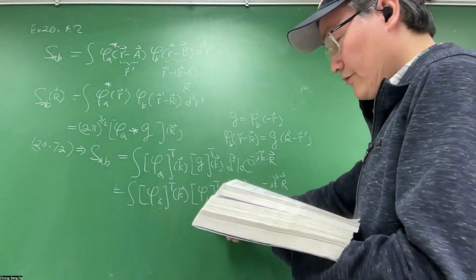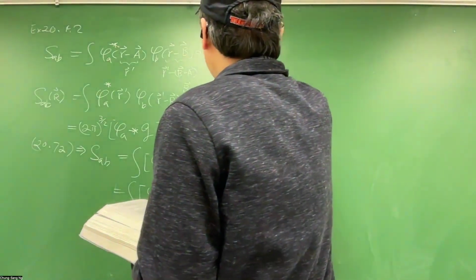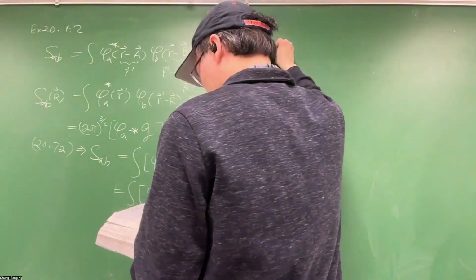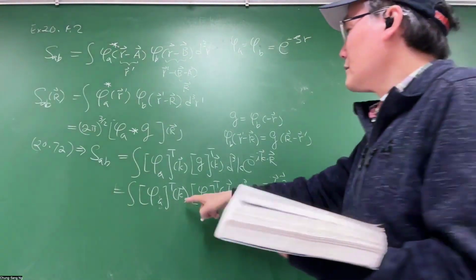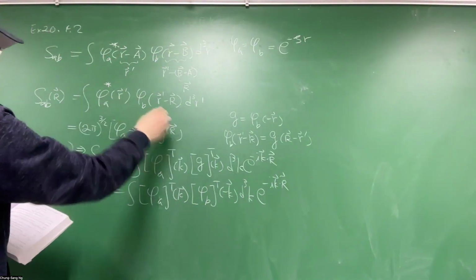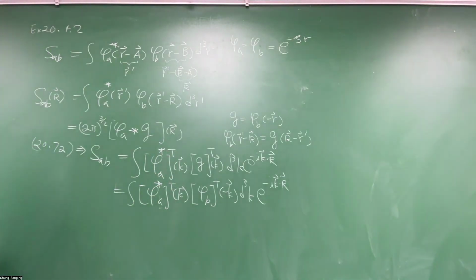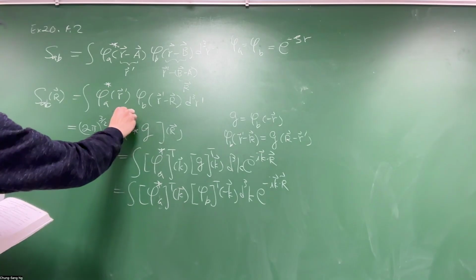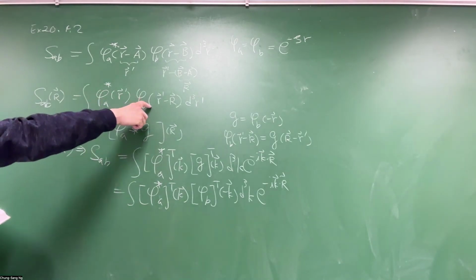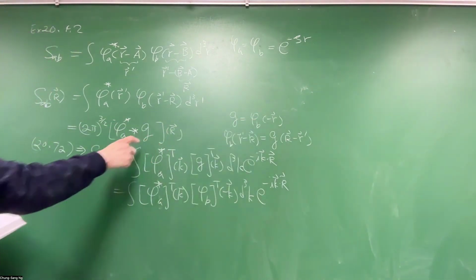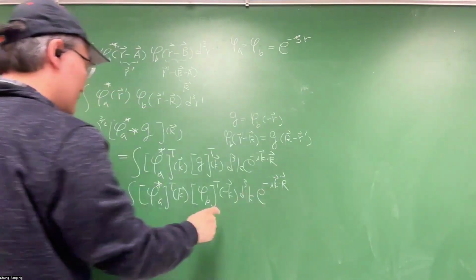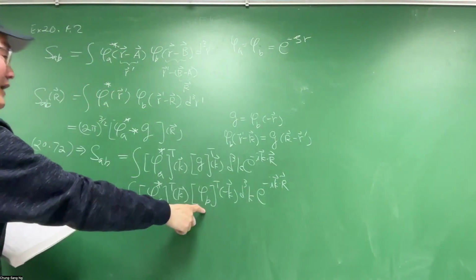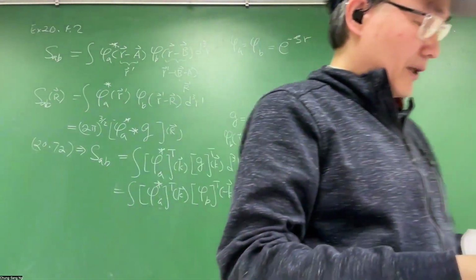So if you choose both phi A and phi B equal to e to the minus something times R, and it's real, then this is a convolution between the complex conjugate of phi A and phi B, which is related to phi G. Now you basically get rid of the labels A and B since they are the same, and the complex conjugate is the same. So this becomes simple.